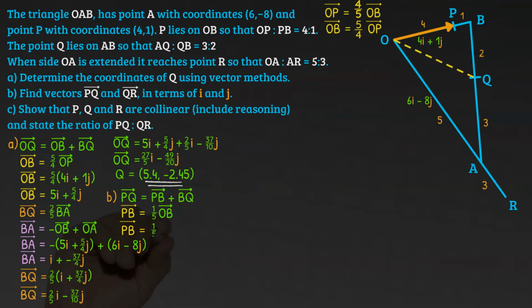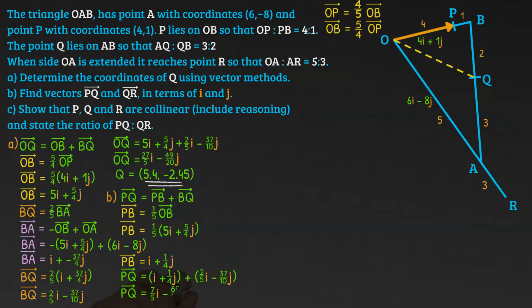And we know OB, so we can work out that PB is equal to i plus 1/4 j. Now we worked out the value for BQ in part A, so we can now calculate PQ by substituting in the values for PB and BQ, and we get 7/5 of i minus 69 over 20j.